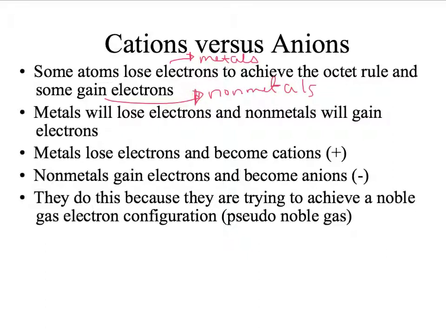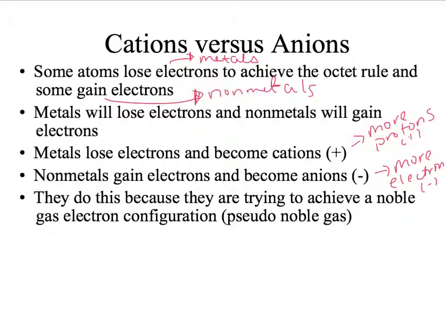So metals are going to lose and nonmetals are going to gain. Metals will lose electrons and they become positive because they have more protons. And then nonmetals will gain and become anions because they now have more electrons. And you got to remember what charge those two things carry. Protons are positive, electrons are negative.